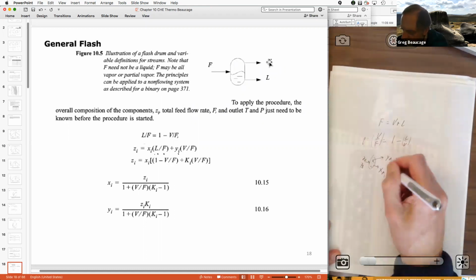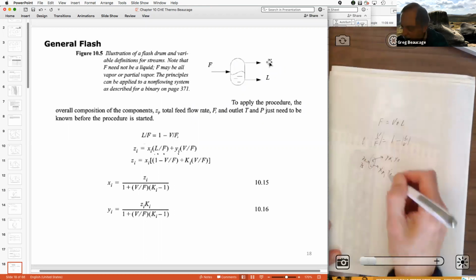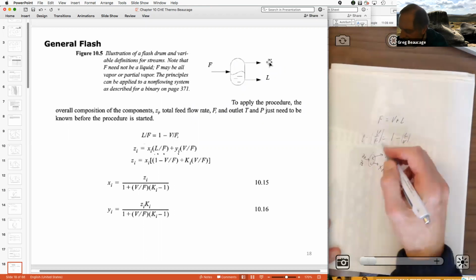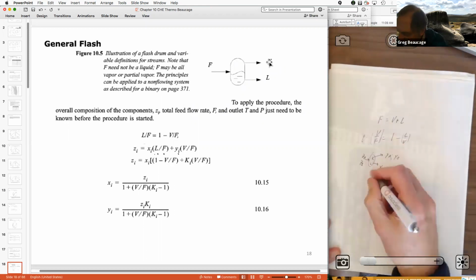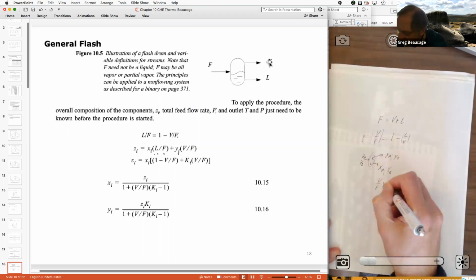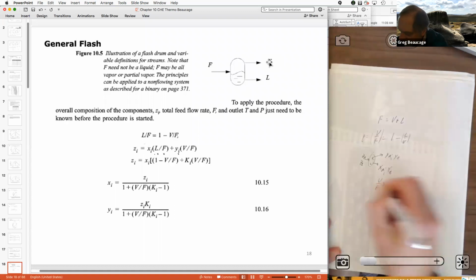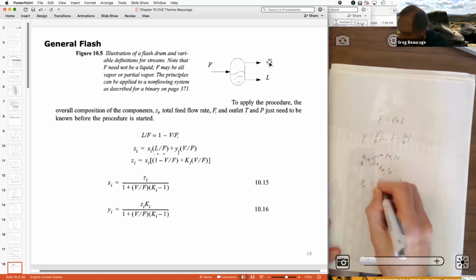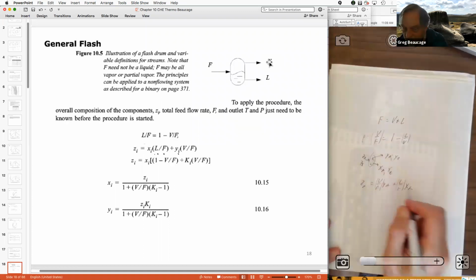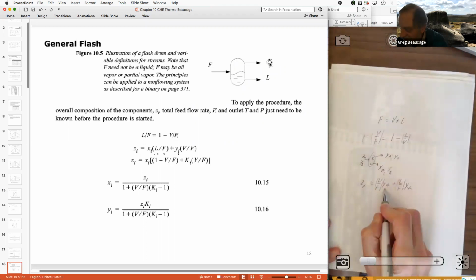Then you can do this mix, because if you know V by F, that's the fraction that's vapor. So you can say V by F times YA plus L by F times XA equals ZA. So these are the splits, vapor and liquid, and Y and X times the liquid.